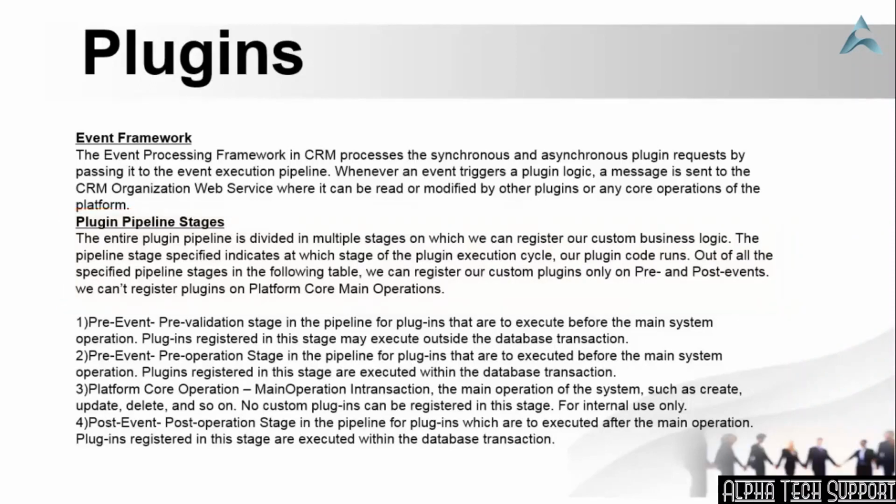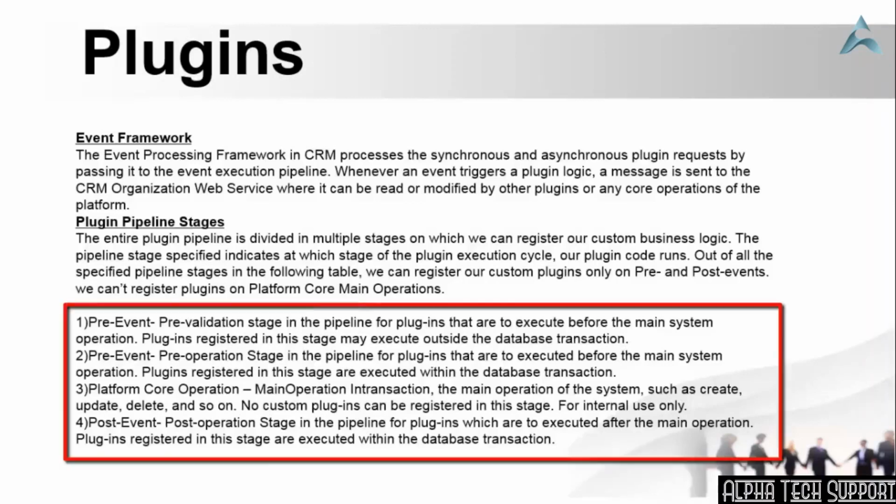So basically there are plugin pipeline stages. There are 4 pipeline stages. First was pre-event, pre-validation stage. Next was pre-event, pre-operation stage. Third is platform core operation.